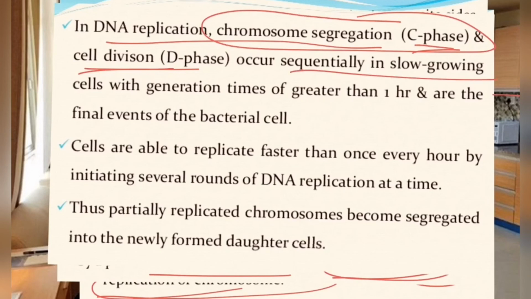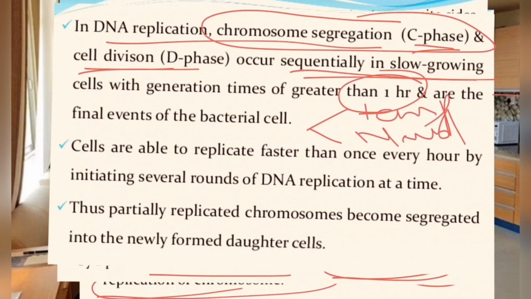The phases occur sequentially, as a slow growing step by step process, and take 1 hour if everything is in favorable condition, that is, temperature and required nutrients are present. So this time is only 1 hour. Cells are capable of replicating faster once they have started. After the first round, the next third, fourth, and fifth rounds happen more frequently as compared to the first replication time.